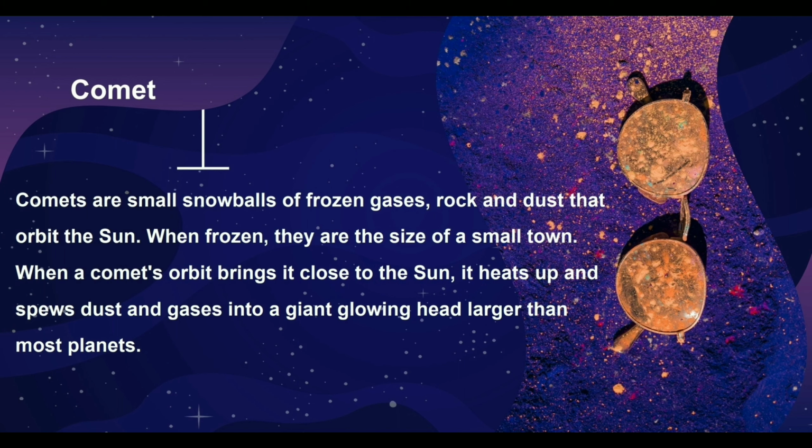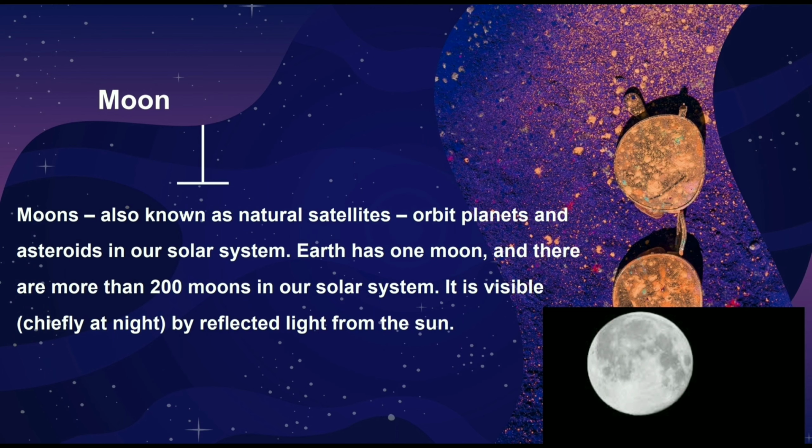And then it gets a boost from the sun. So now it heats up, it's excited, and now it's spewing dust and gases, and it turns into this giant glowing head, which is now larger than most planets. So its ability to transform when in proximity of the sun is amazing.